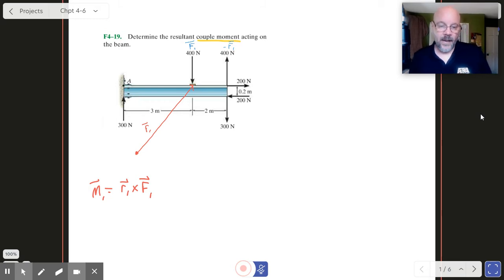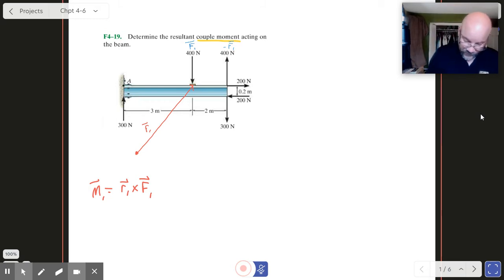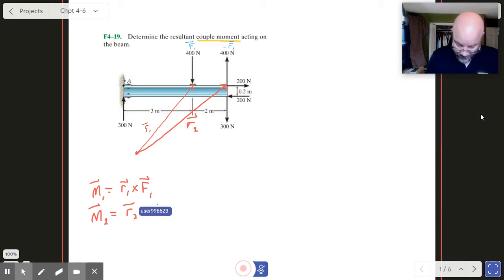Now let's think about making, from that same point, another vector out to the other force. We'll call the moment M2 and this vector R2, so M2 is R2 crossed with minus F1.